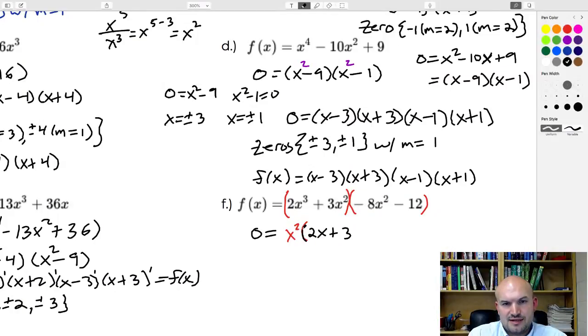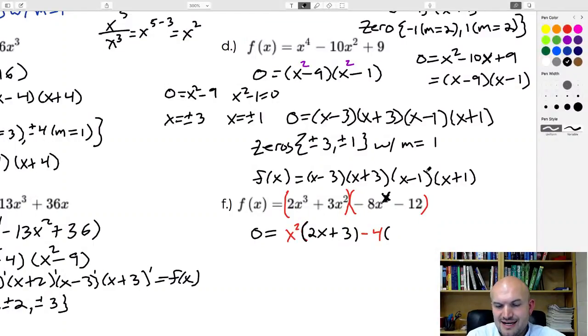Okay, and then we want to look at, well, what can we take out of here? Well, you can see you can't take out a number like 8, but you can take out a negative 4. And if I take out a negative 4, I'm left with a positive, sorry, that's supposed to be an x. I knew I was going to make some mistakes.